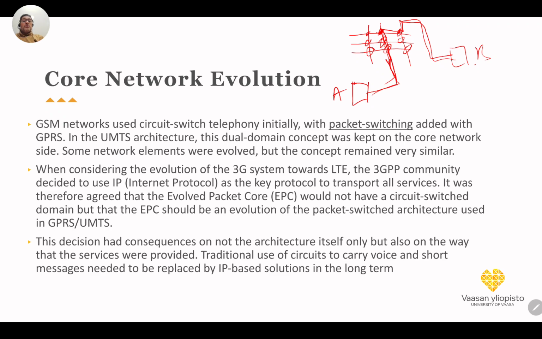And once we connect them together, for example in circuit switching, now we are talking not about wireless, but about the exchange that connects people together, then this circuit will be busy as long as A and B are connected. And once the call is ended, it will be released and it can be available for other connections.